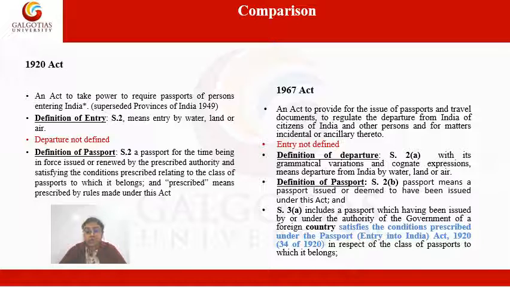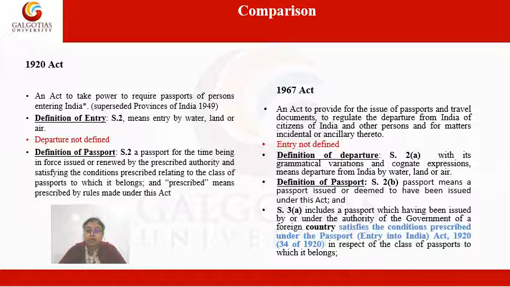They go hand in hand. They are intertwined human activities. So when we are defining entry, we should also define departure. That effort has been made in the 1967 Act, and it is defined under section 2A, with its grammatical variation and cognate expression, as departure from India by water, land or air.